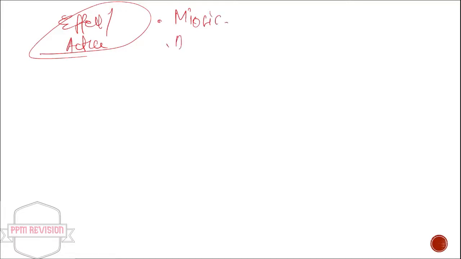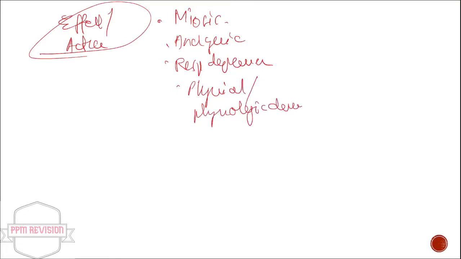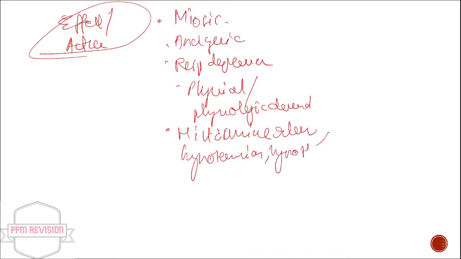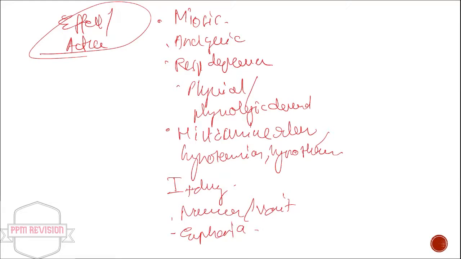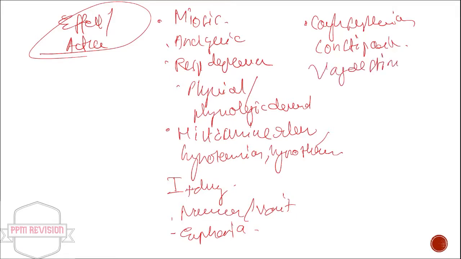Now looking at the effects or actions, this is very important, it can result in miosis, analgesia, respiratory depression, physical and psychological dependence, and also histamine release and can result in hypotension as well as hypothermia, itching, nausea and vomiting, euphoria as well, cough suppression, constipation, and there can be vagal stimulation and bradycardia.